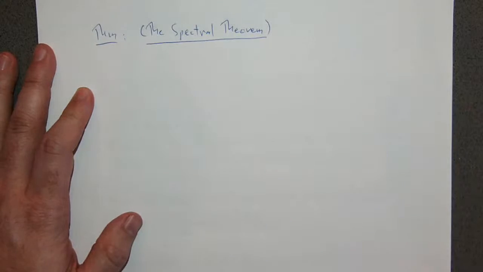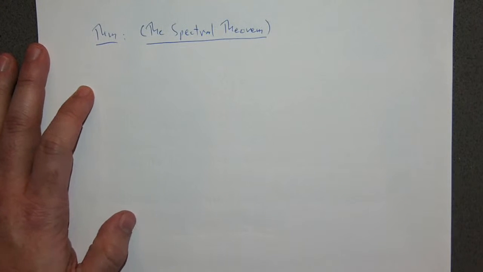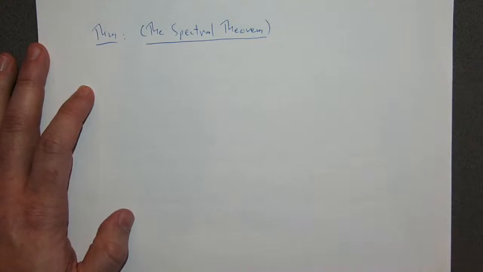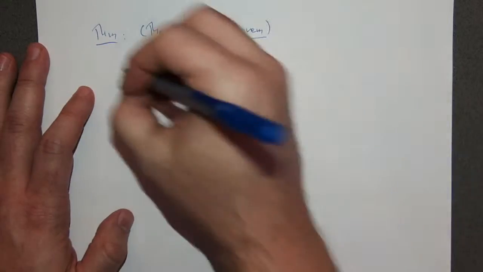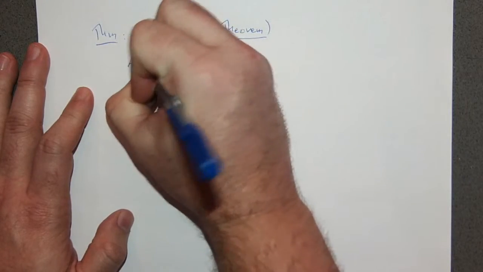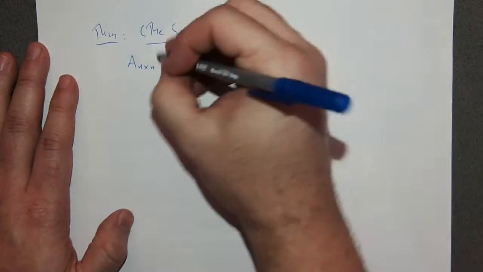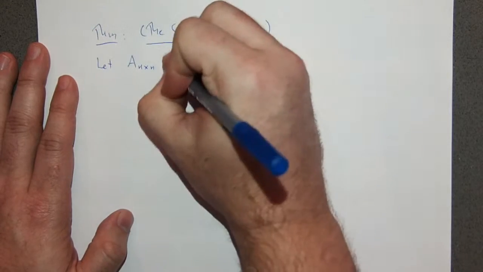What is the spectral theorem? So this is the spectral theorem for symmetric matrices, but we'll just call it the spectral theorem. So let A be an n by n matrix. So let A be symmetric.